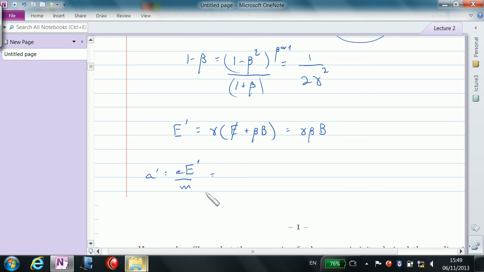So P is equal to 2/3 e squared a prime squared over c cubed, times gamma squared beta squared B squared.